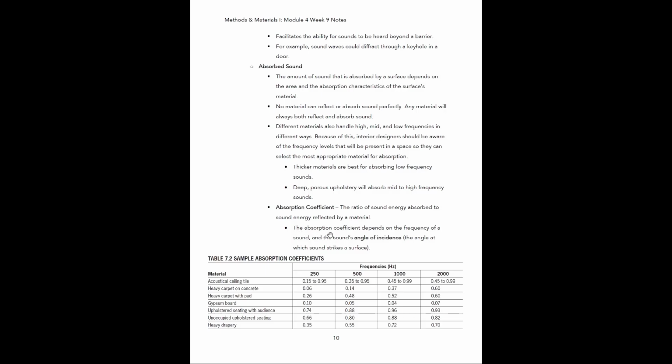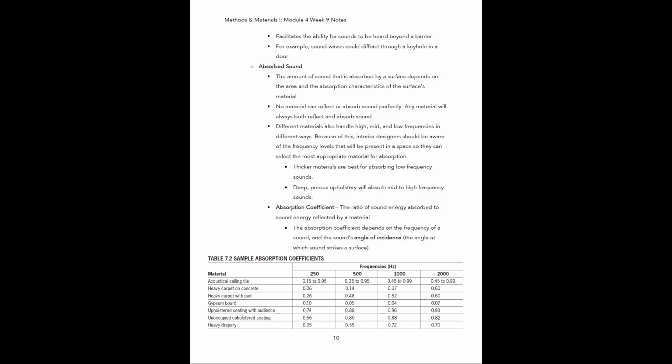The absorption coefficient depends on the frequency of a sound, and it also depends on the sound's angle of incidence, which is the angle at which the sound is striking the surface, okay? Any change in those two factors will have an impact on the actual coefficient measurement for the material.